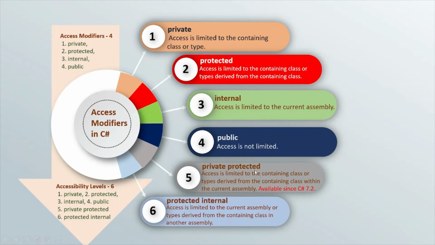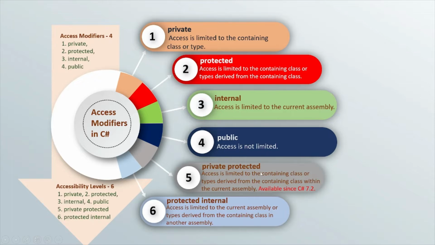Private protected. So, the containing class plus derived classes of the same assembly. If you want to restrict access to derived classes of the same assembly, then go with private protected. Otherwise go with protected. With protected, you can access the containing class plus derived classes of the same assembly as well as in any other assembly.